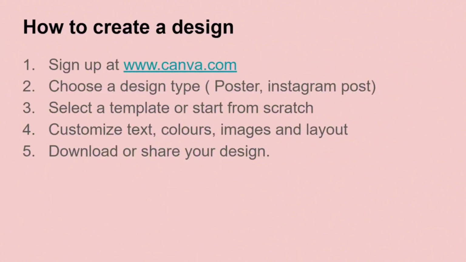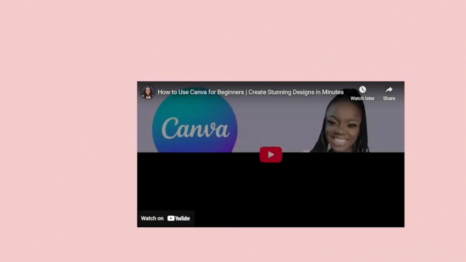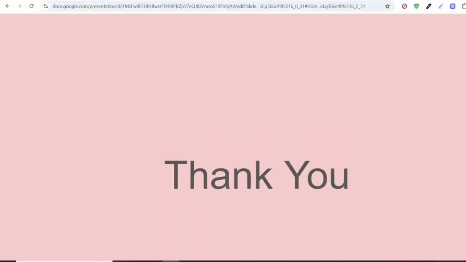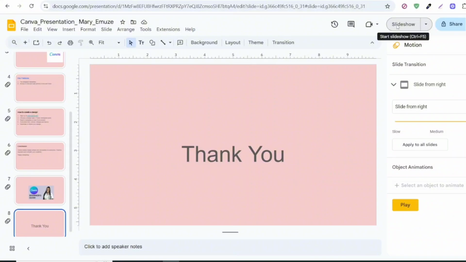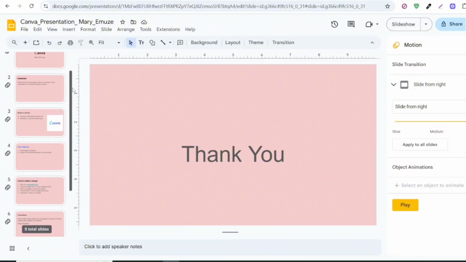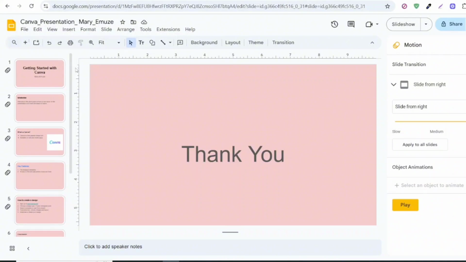Yeah, guys, you can see the video, and then thank you. So to go back to the slides, you just click on escape key on your laptop, and it takes you back to the presentation mode, the slides mode, whatever that is.